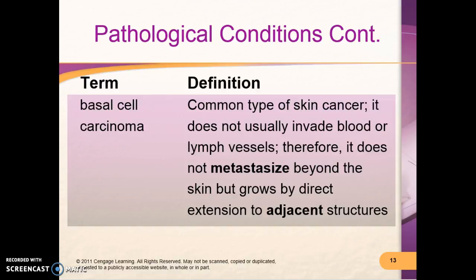I know specifically my husband is at risk for basal cell carcinoma because he worked outside. It's not something that typically metastasizes to other organs, so this is not something that's going to spread throughout your body, but it is considered cancer.